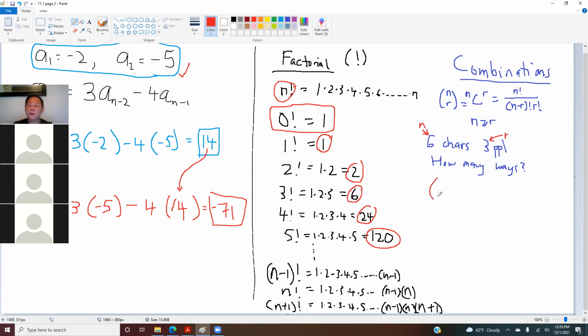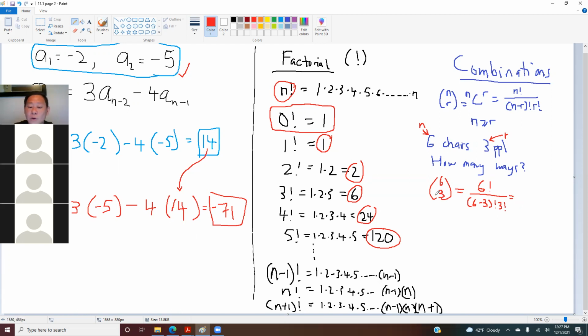So this is called 6 choose 3. We use the letter C, which stands for choose or combinations. So this is going to be 6 factorial over 6 minus 3 factorial times 3 factorial. This is n minus r, so you subtract these 2, and then the last one is r factorial.